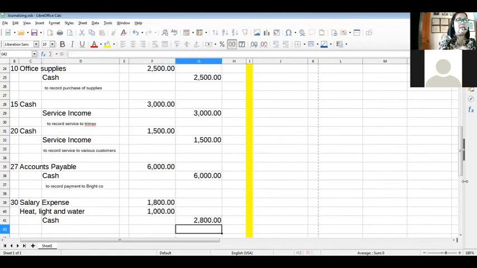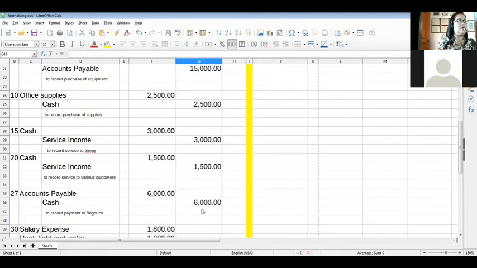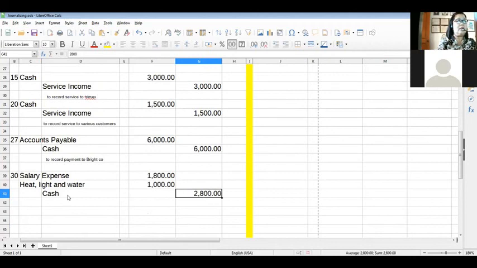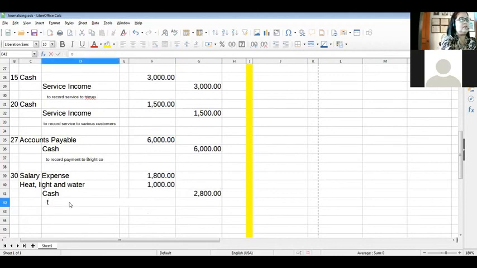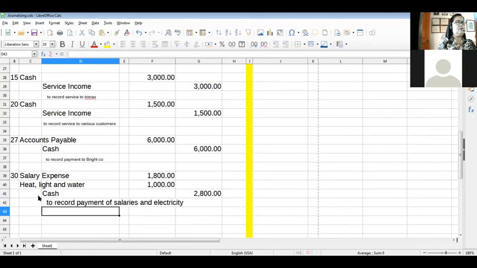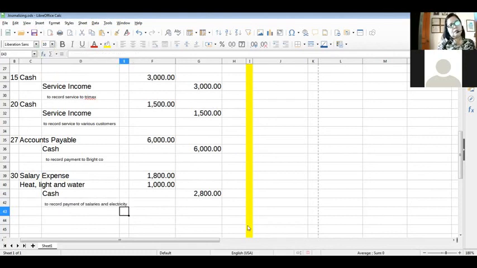Yan ang binayaran natin, di ba? It's 1,800 and 1,000. So therefore, 2,800. Okay? So anong explanation natin? To record payment of salaries and electricity. Okay, so that's it, class.